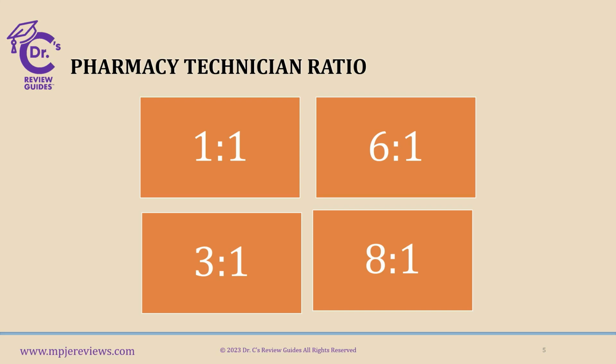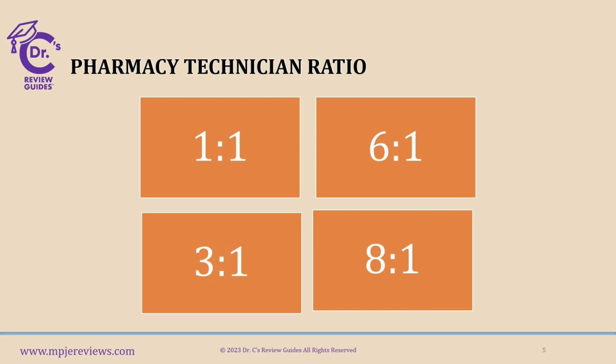Okay, so when we're supervising pharmacy technicians, we have to talk about the pharmacy technician ratio. Now, many states have done away with pharmacy technician ratios. Instead of doing away with it, Florida has just made it complicated. There's not one ratio. The rules and the laws reference many ratios. In fact, the rule at first says that the ratio is 1 pharmacist to 1 technician.